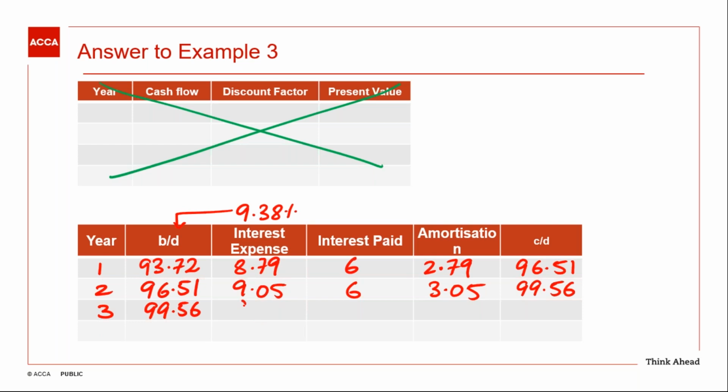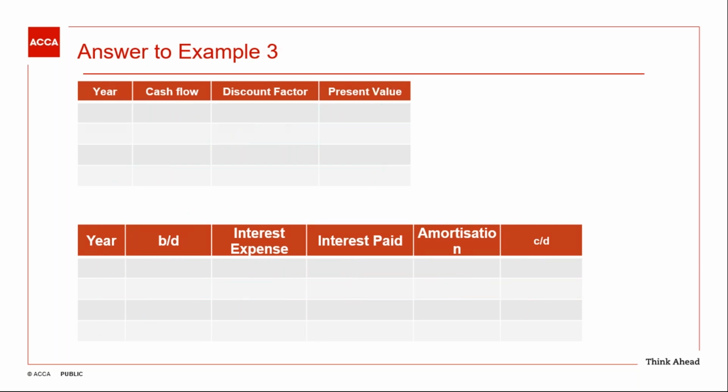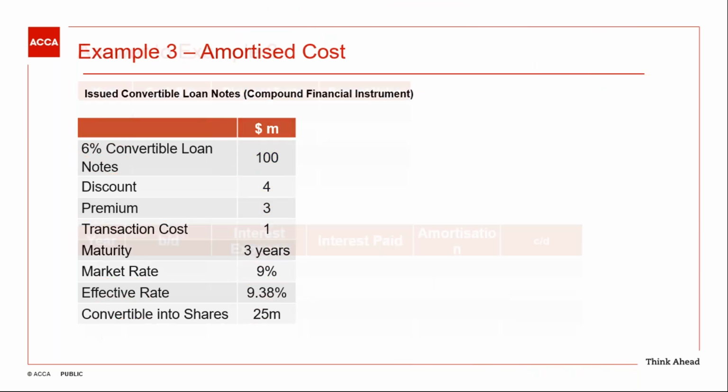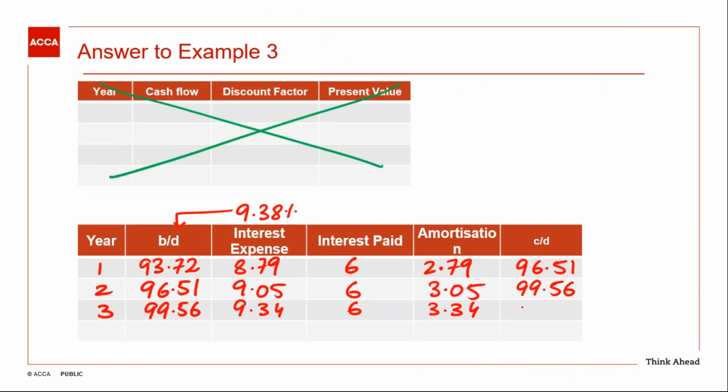Thank you. So 9.34 minus 6 is going to be 3.34, and now the sum is going to be how much? It should ideally be 103, because this is what we were expecting it to end. So it is going to be 102.90, which is approximately 103. So there's a rounding difference in that.